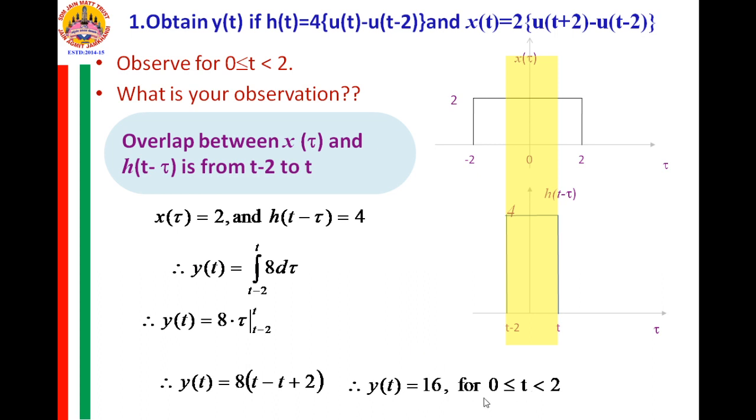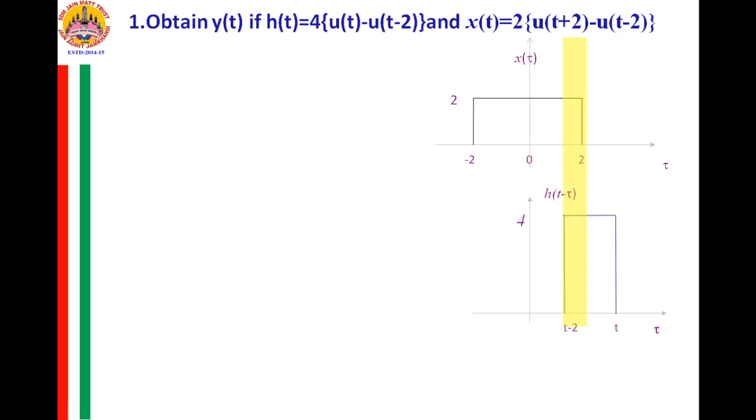for t between 0 to 2. Now for t greater than 2, and up till we pass this edge beyond this 2, that is another 2 units, if we shift, this h of t minus tau will pass this edge of x of tau, that is at tau equal to 2. So at that time this shift will be at t equal to 4.